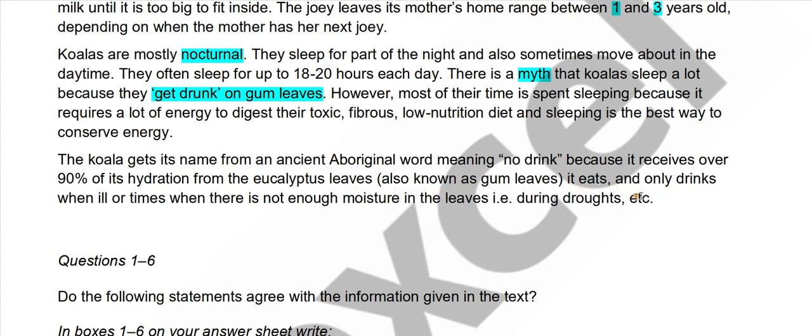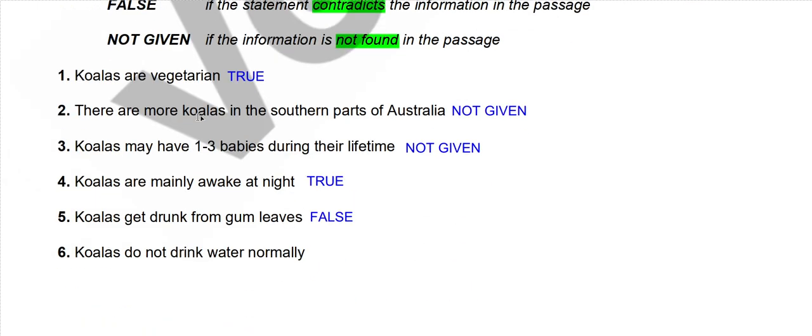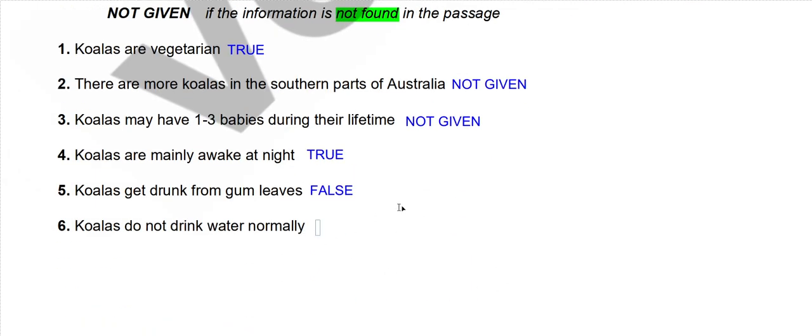It only drinks when ill or at times when there is not enough moisture in the leaves, like during drought. So normally it doesn't drink water. We know the information is true.